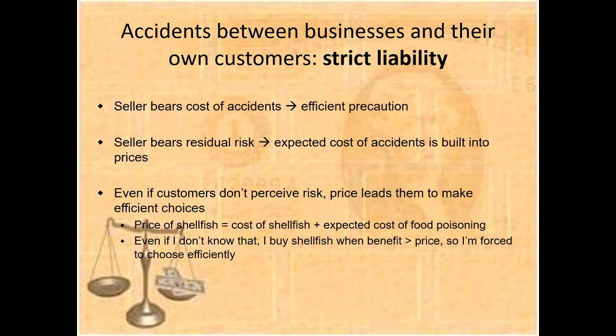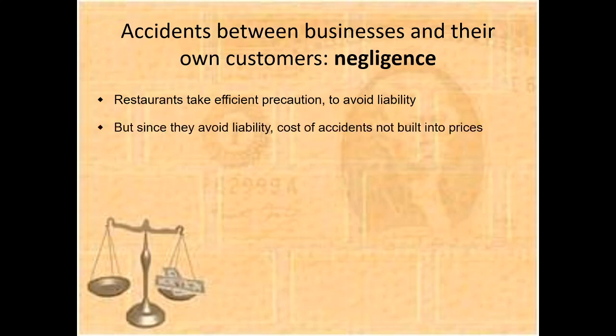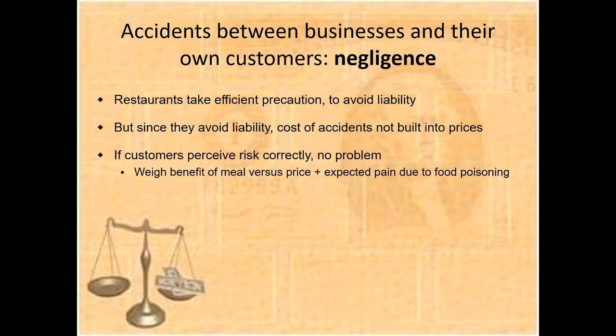So even if I don't know that, I buy shellfish when the benefit is greater than the price, so I am forced to choose efficiently. Under negligence, restaurants take efficient precaution to avoid liability, but since they avoid liability, the cost of accidents is not built into prices, as we discussed.